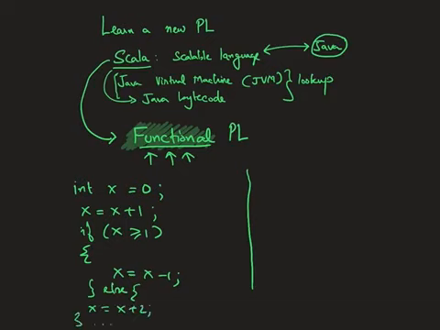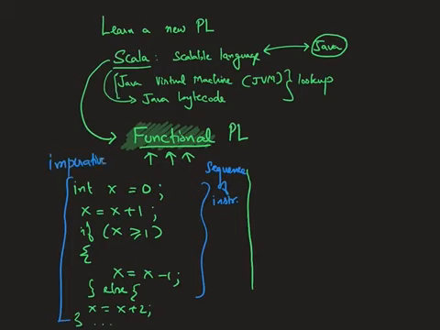So you can keep going. Now, the way you think of this program is as a sequence of commands or instructions. And this kind of a style of programming is called imperative programming.